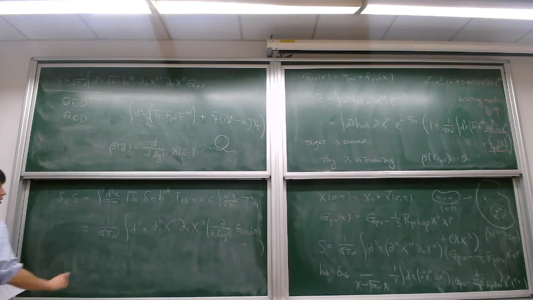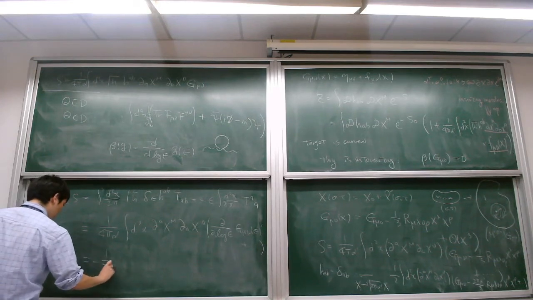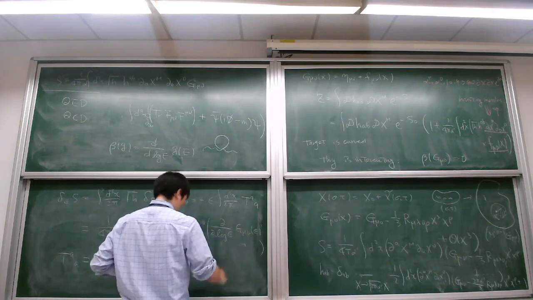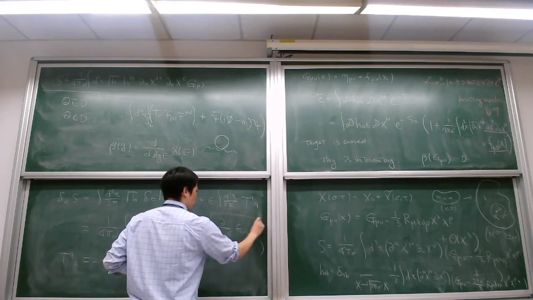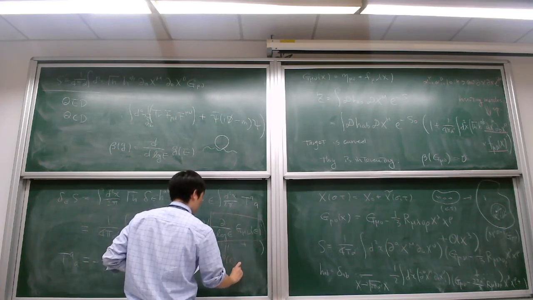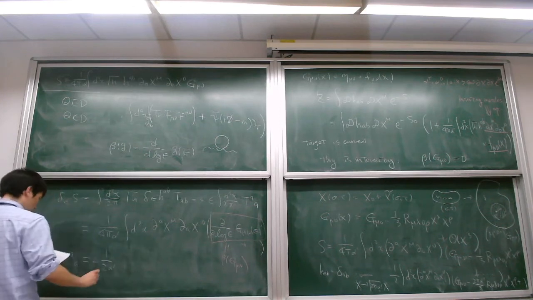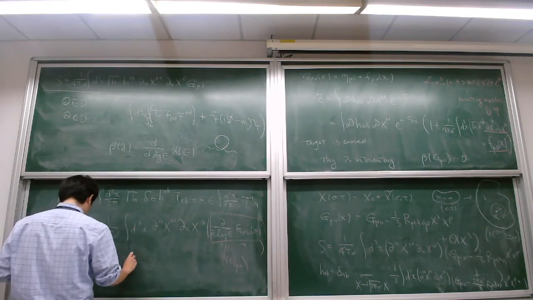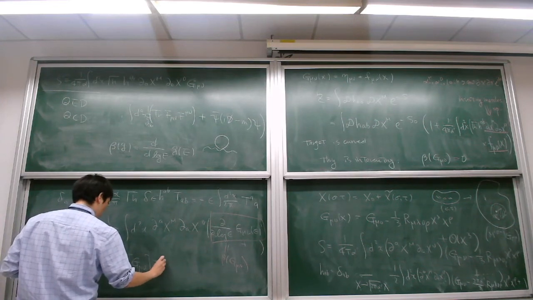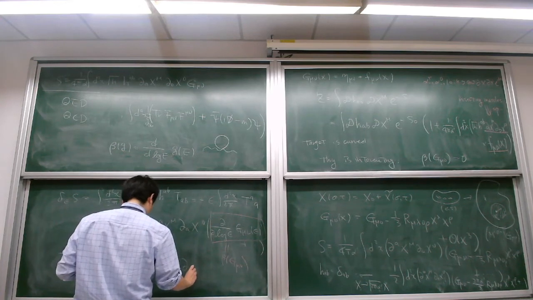Therefore, this scaling of the Weyl anomaly can be captured by this beta. So this is essentially the beta function. So this part is the beta function. On the metric, therefore, this beta function shows up in the Weyl anomaly.